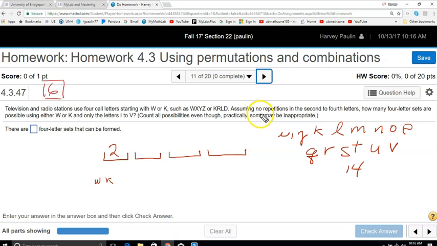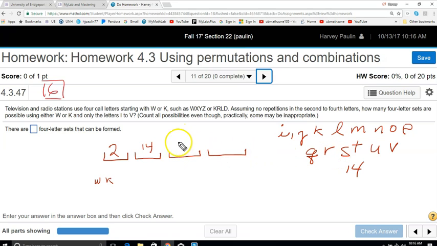Then, assuming no repetitions for the rest of these, how many 4-letter sets, keeping in mind W or K in the first position, and then using letters I to V? Well, there's I to V, and I counted 14. So how many are available for this next position here? 14.